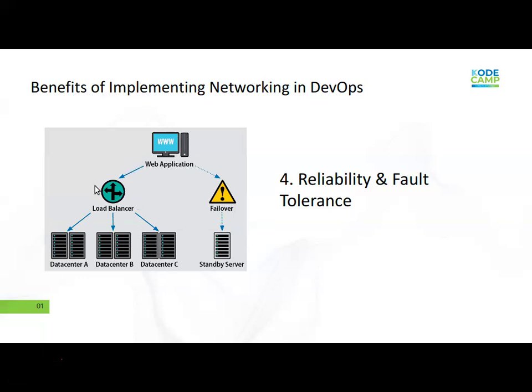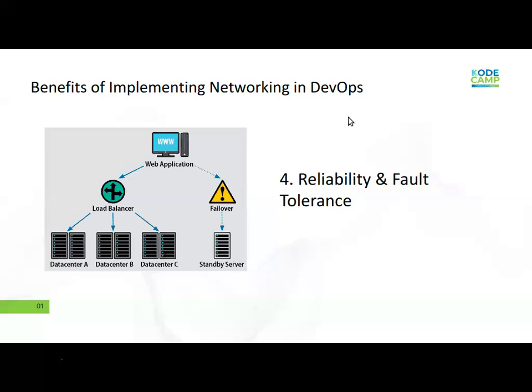But there are some situations where this whole setup will go down, probably for, I don't know what reason I can think of. Now, there's a failover. You have to implement it in such a way that it will read the application from this standby server while engineers are working to get this one up. That's what is called the failover.